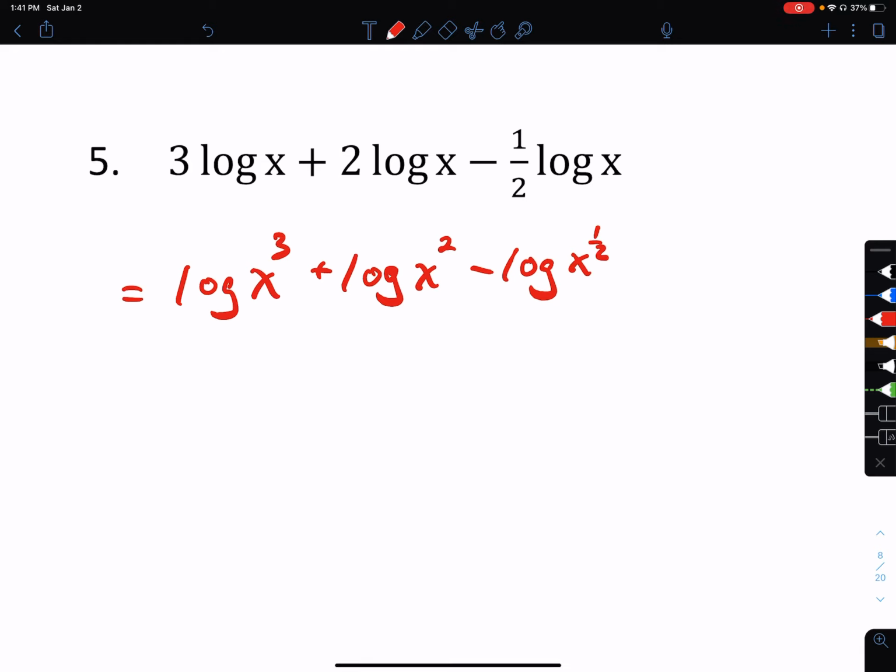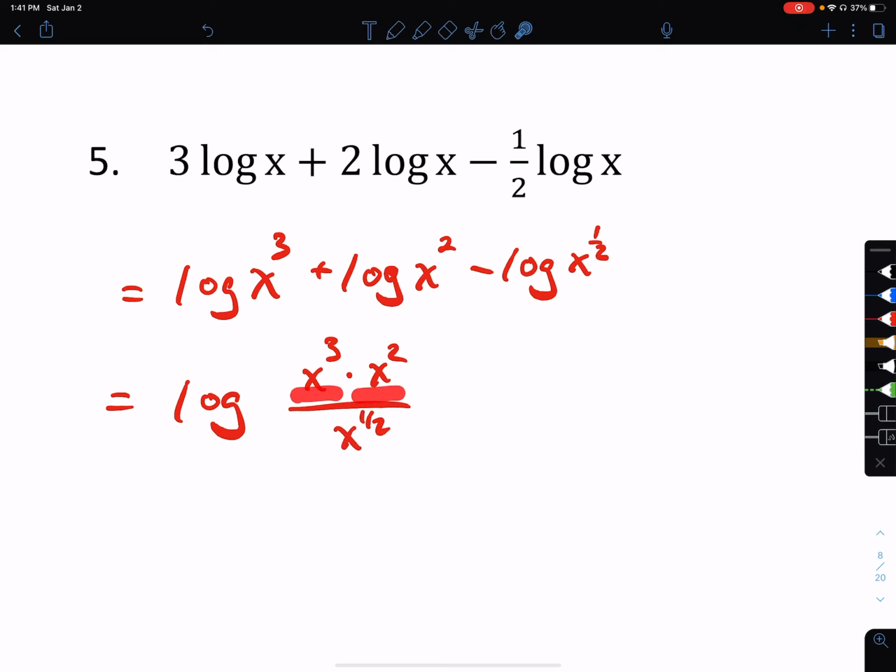And from there, we can write this as, these are common logs, log of x cubed times x squared divided by x to the 1/2. These ones are on top because they are positive logs. This argument's on the bottom because it's a minus log.